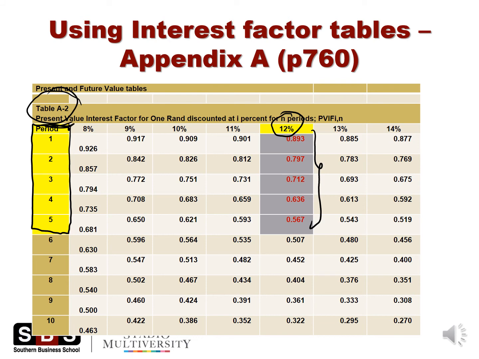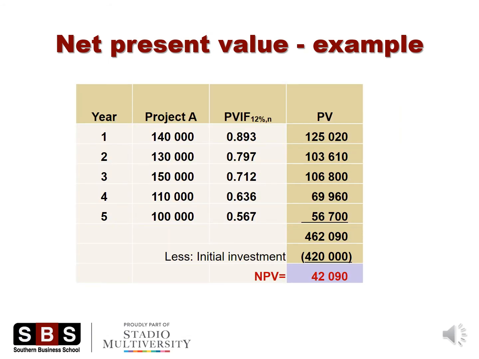How is that done? It is done in the following way. There we have the table. These were the original cash flows that we had in the original table. Those were the expected net cash flows for the 5 years.